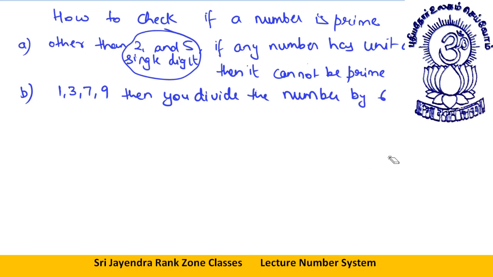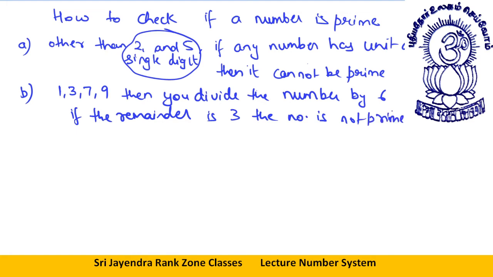If the remainder is 3, the number is not prime. If after dividing the number by 6 the remainder is 3, then the number is not prime.